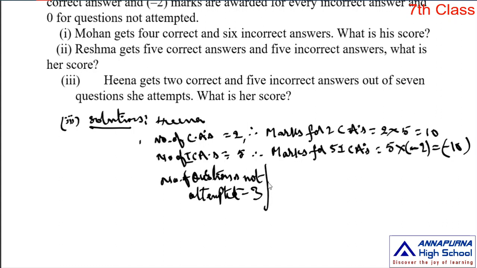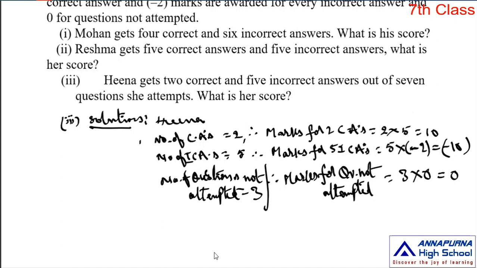Therefore, marks for questions not attempted is equal to 3 into, as already given, 0 marks are awarded for questions not attempted. Therefore 3 zeros are 0.